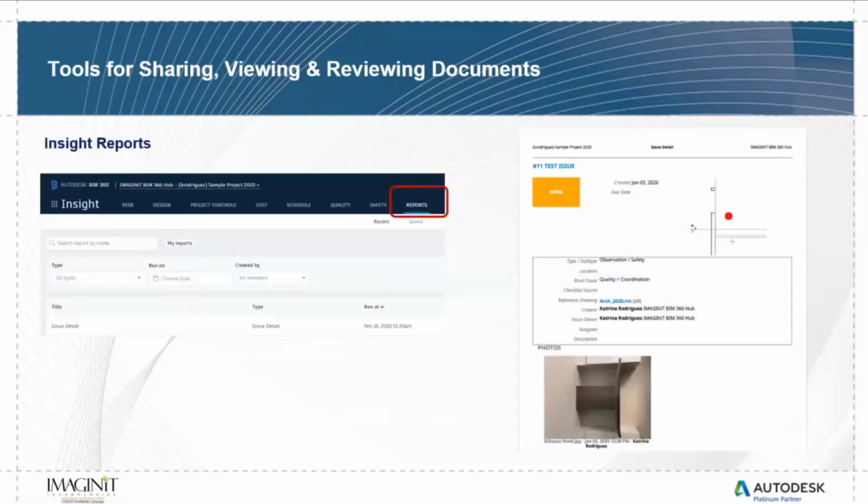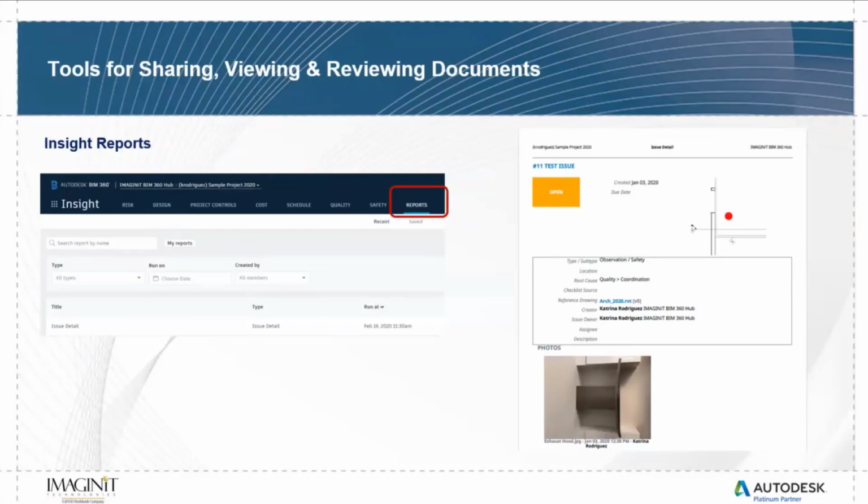And then we also have the Insight module on BIM 360. So this is fairly new, but we're now able to create reports of any issues. And if you're using the RFI feature on BIM 360, which is part of a different module, we can also create reports of RFIs.